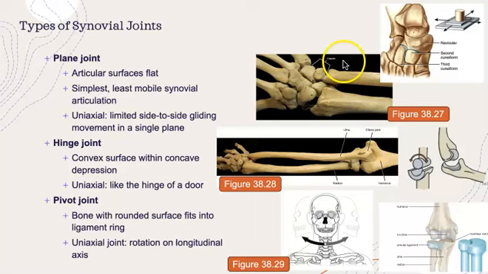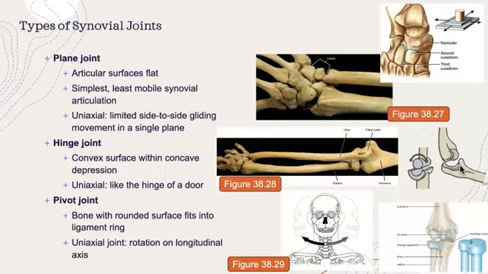A plane joint is when we have bones that have flat surfaces. It's our simplest, least mobile synovial articulation. We say that it's uniaxial, meaning it's only really moving within one plane, and it moves a bit more side to side, almost like a gliding type of movement. A hinge joint is going to be when we have a convex surface with a concave depression.